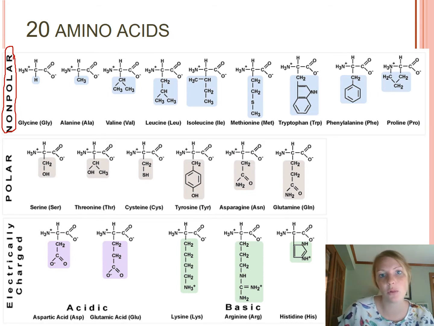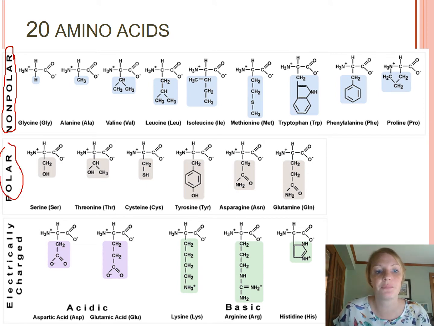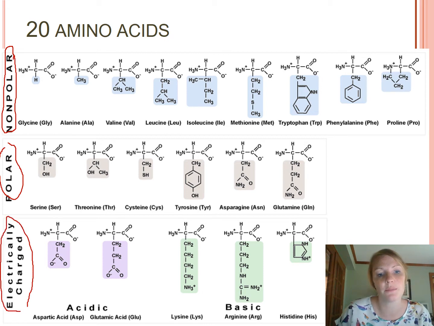So non-polar amino acids have equal distribution of electrons, and so they're going to be more like the fats, and they're not going to interact well with water. Then we have our polar amino acids here, and then we have our electrically charged group down here. That includes acids and bases. So those are some major categories.